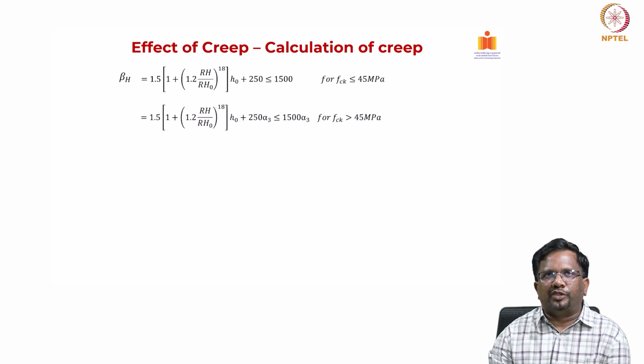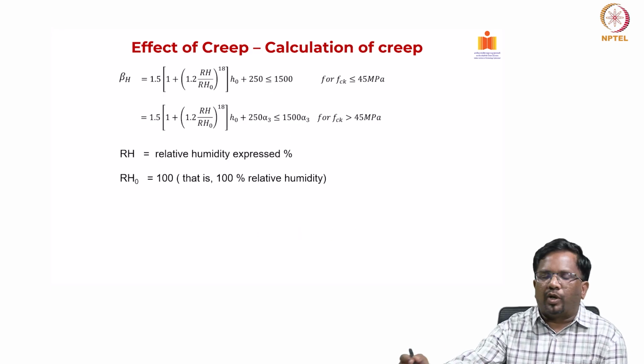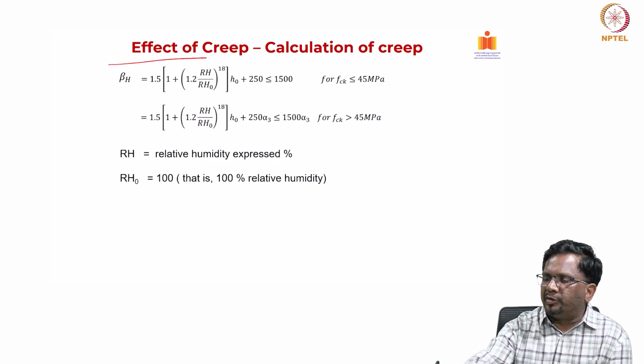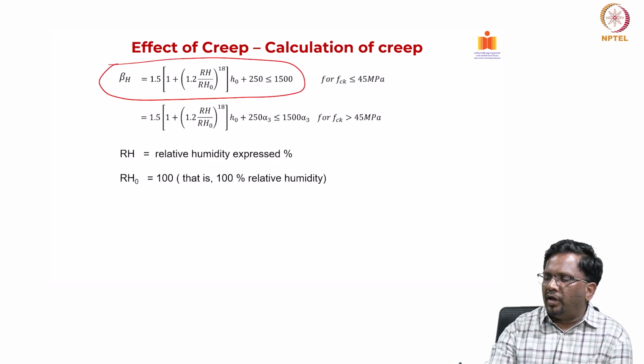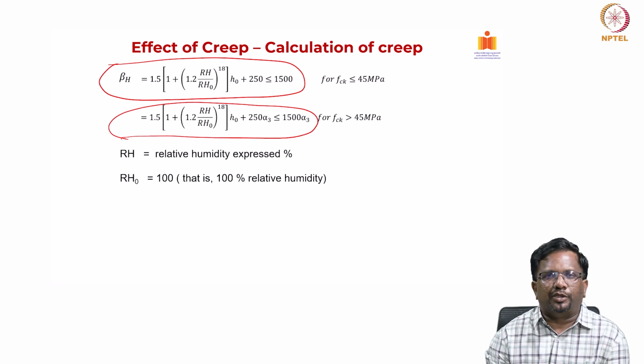So, the coefficients have been proposed based on what kind of concrete that you are dealing with. For low strength concrete, this beta H equation is valid, and for high strength concrete, this beta H equation is valid, and it also has some empirical coefficients that you can easily plug into this equation, and you can calculate.